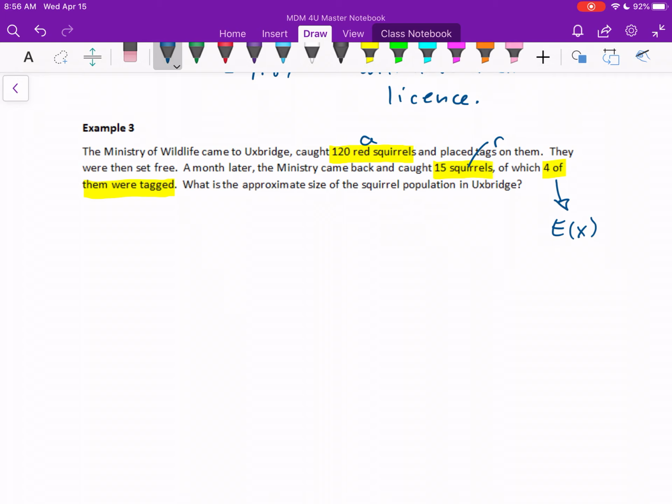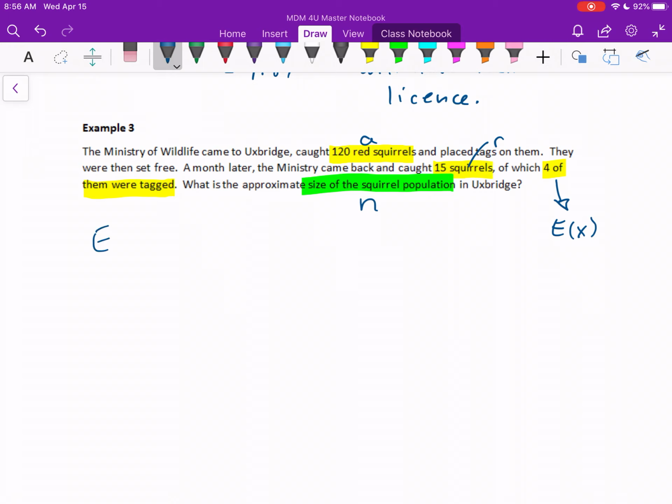If there are 120 red squirrels out there that are tagged, and I catch 15 of them, and 4 of them are tagged, I can only assume that I caught the expected number. So I can use my expected value formula to work backwards to find n, because that's really what we're being asked for, right? We're finding the size of the squirrel population.